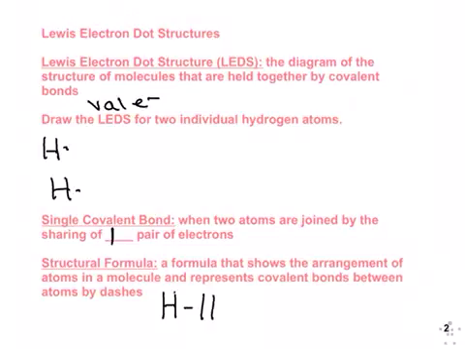This would be an example of the structural formula for the diatomic H2 molecule. If we did it with the electron dot structure, we'd have 1 electron from the first hydrogen atom, and then we'd show the other one with a second dot. Both of these methods indicate that there is a single covalent bond holding these 2 atoms together.